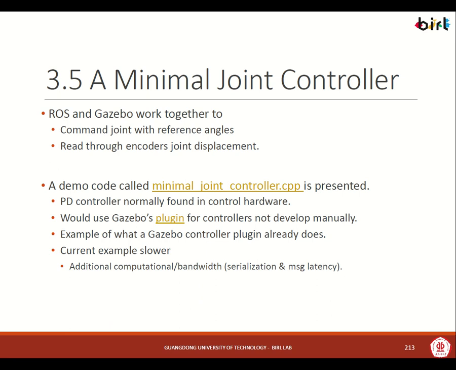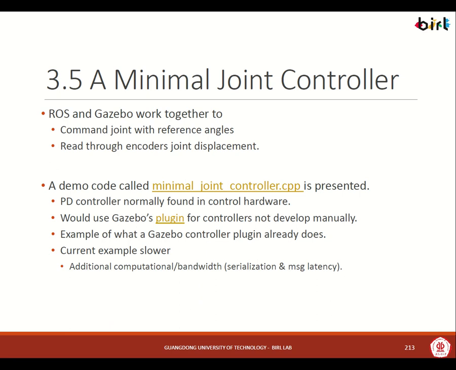And then the plugin doesn't have to do some of these things. It's a little bit faster. Right now we're sending things from the node to Gazebo, right? There's a communication route between the node and Gazebo. So this slows you down a little bit, very little, but it slows you down. When you use the plugin, it's faster because it doesn't do these things.